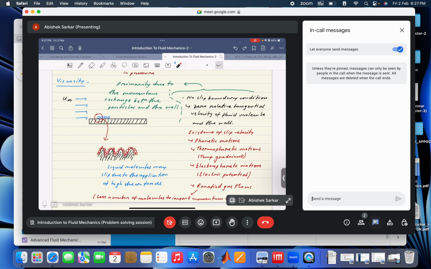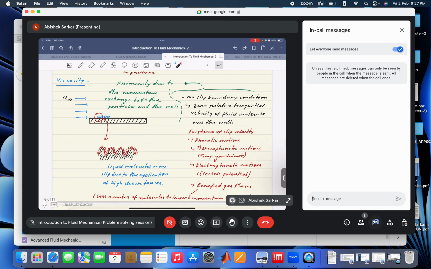Okay. So as discussed by Professor Chakraborty, in the case of gases, what happens is that if there is a wall which encounters some gas flow over it, and this gas flow comprises various gas particles, the gas particles may get absorbed towards the wall, then after colliding with the surface of the wall, these gas molecules may get ejected out of the surface of the wall.